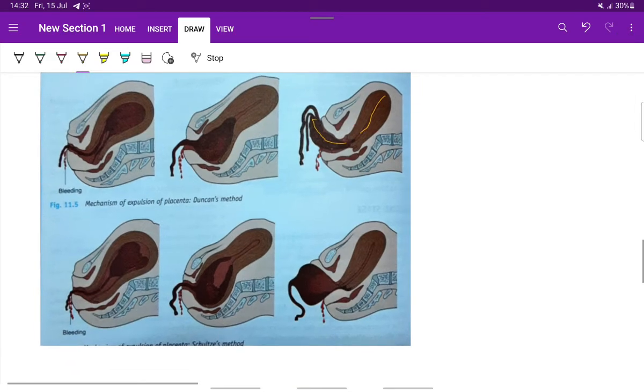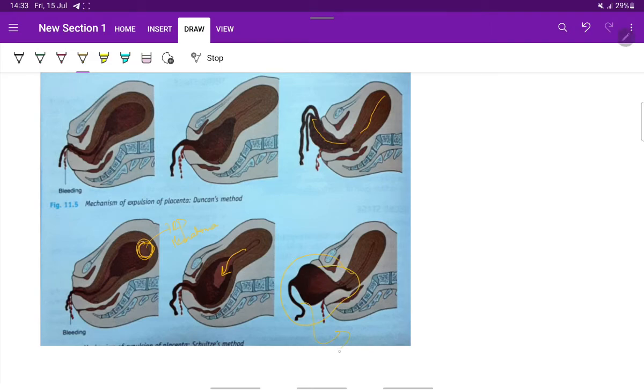Coming to the Schultz method, initially here the placenta separates at the center, leading to a formation of retroplacental hematoma. And by each contraction of the uterus, the placenta separates the same way, and then it presents at the vaginal outlet like an inverted umbrella.